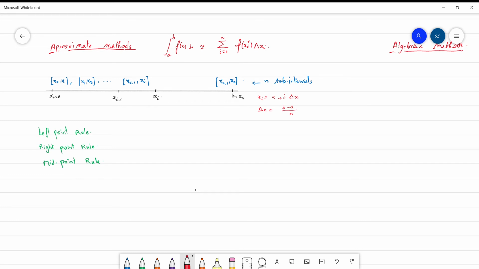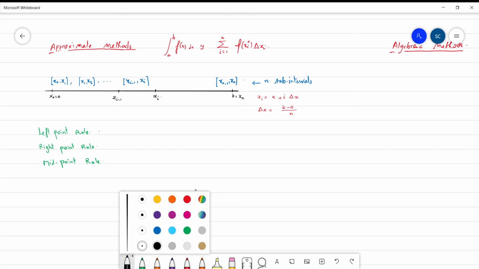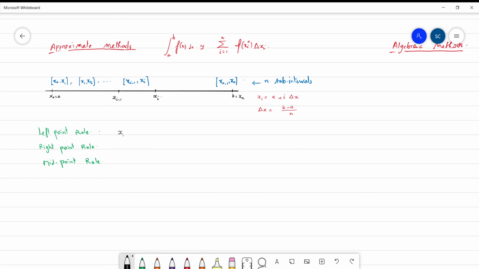For example, there is the method we call the left point rule. This is when we make the following choice: xi star, the left point. If you consider this interval [xi minus 1, xi], the left point will be xi minus 1.